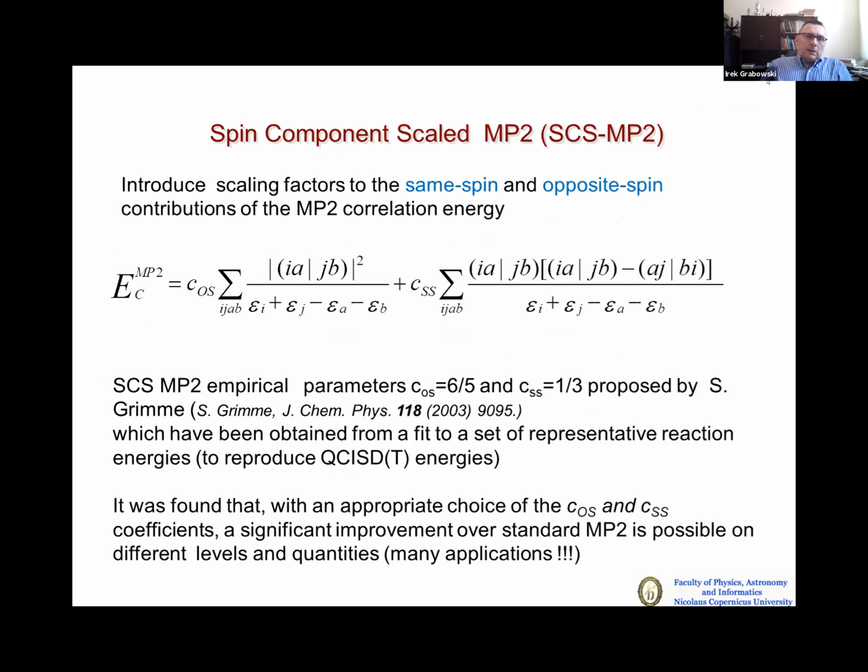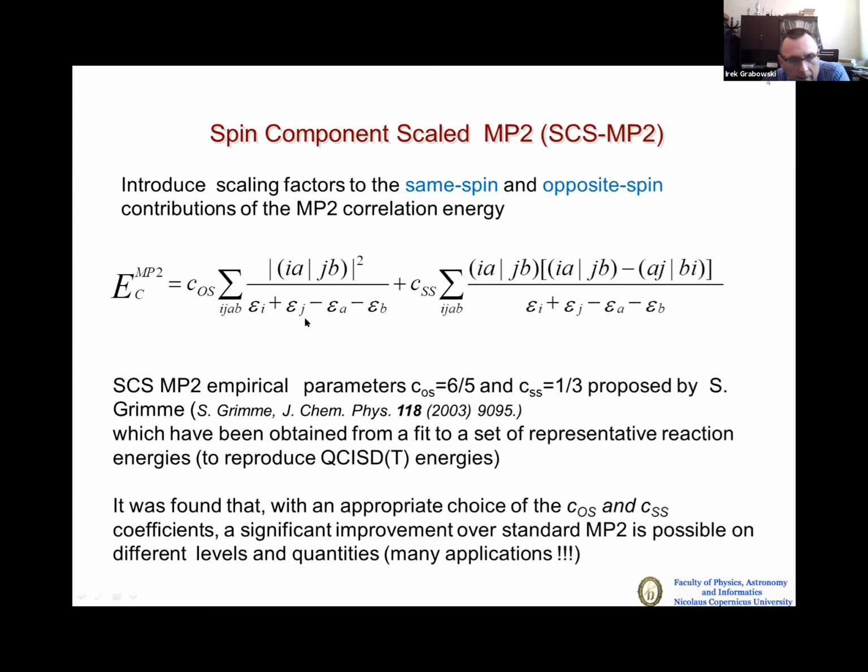And a few words about spin component scaled MP2. This is a well-known approach introduced by Stefan Grimme more than 15 years ago. This is a kind of empirical method which should improve standard MP2. Grimme introduced scaling factors for the same-spin and opposite-spin parts of the MP2 energy, to improve the quality of the MP2 results.